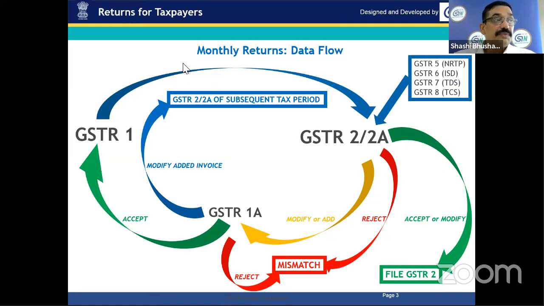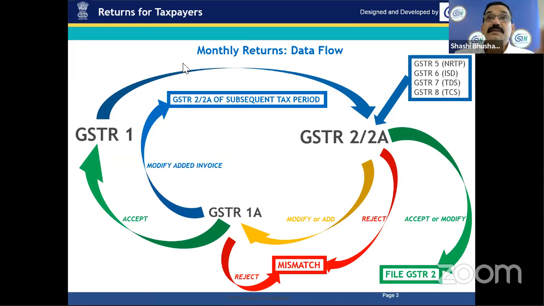The key feature of the GST that we are implementing is that these supplies will get reflected in the purchase dashboard of the registered recipients who have purchased the goods or services, and they can verify and then claim credit on them. And there is an interactive process: if they make any modification, it goes back to the supplier, and he can accept or reject it.